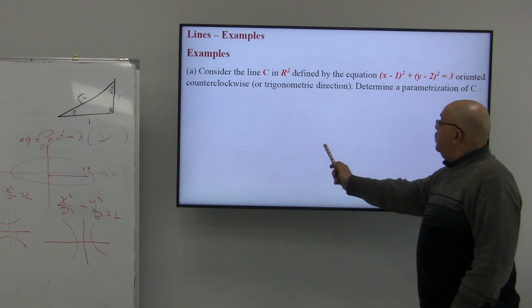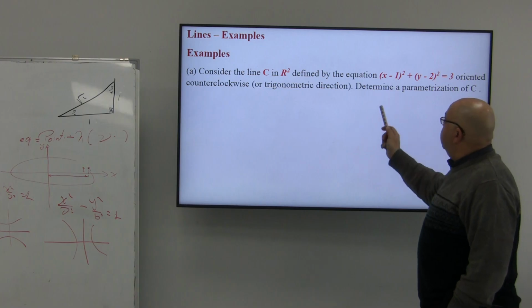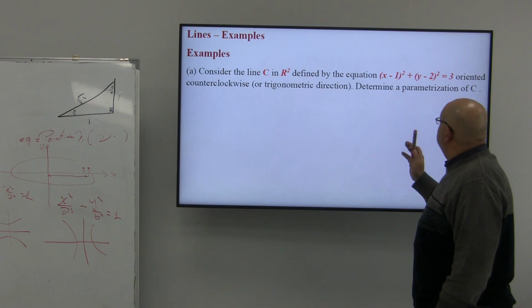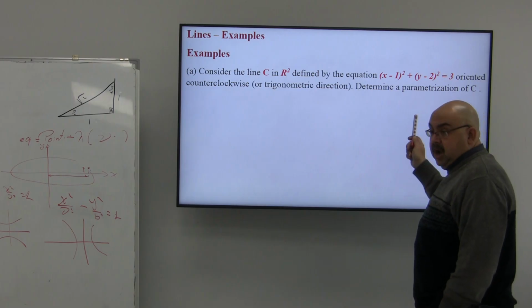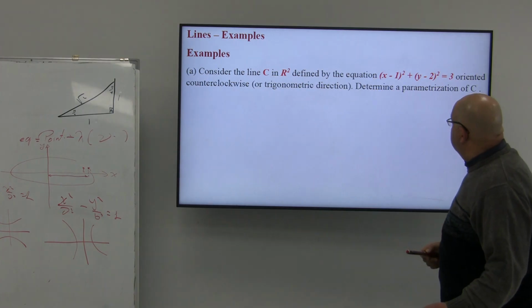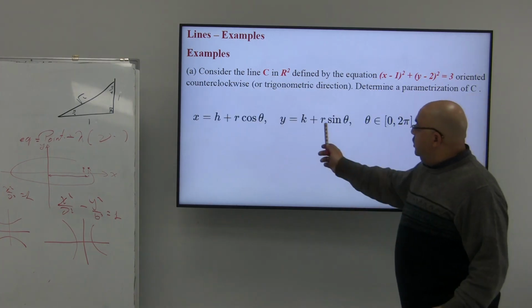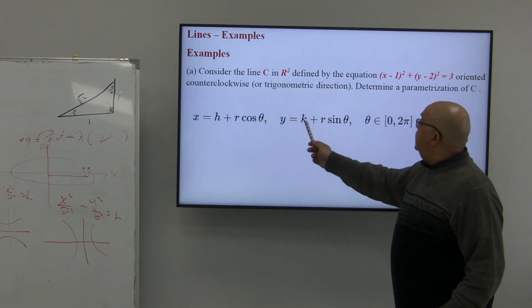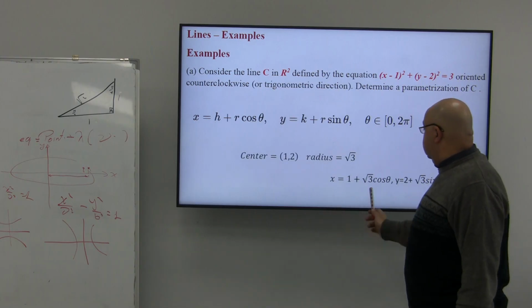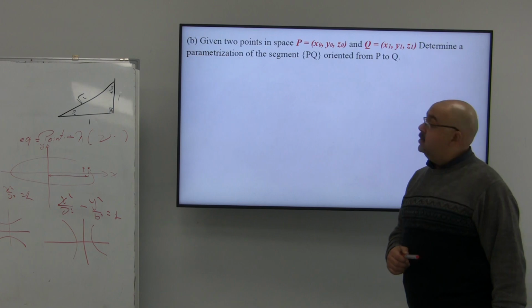So x is going to equal 1 plus root 3 cosine theta, and y will be 2 plus root 3 sine theta. So here's the r, which is root 3, and that's the k, which is going to be 2. These are the center and the radius. That's the representation of the circle.